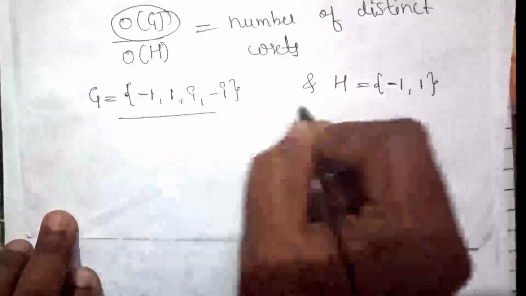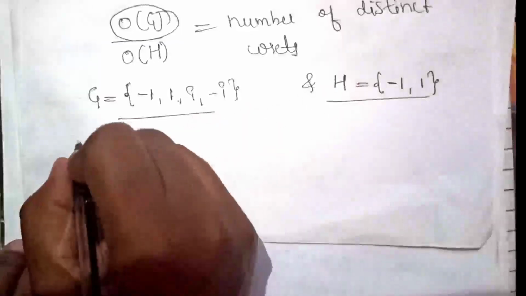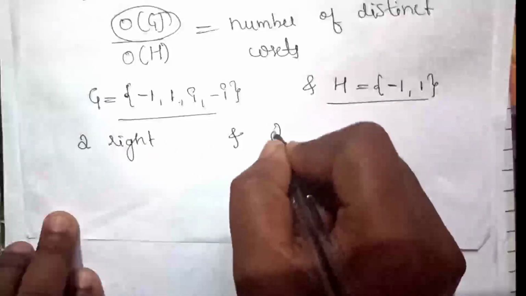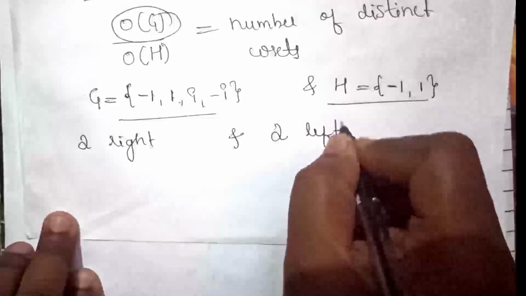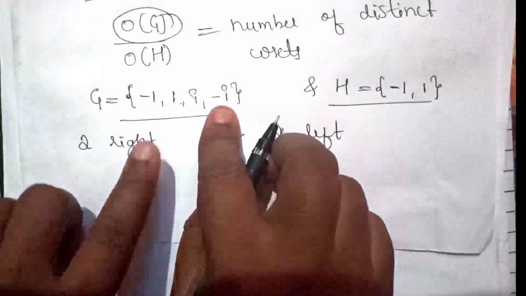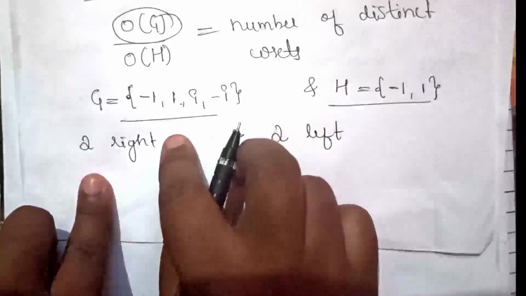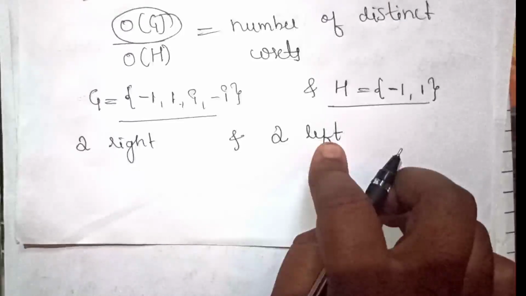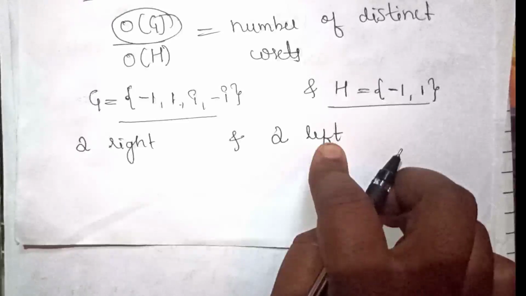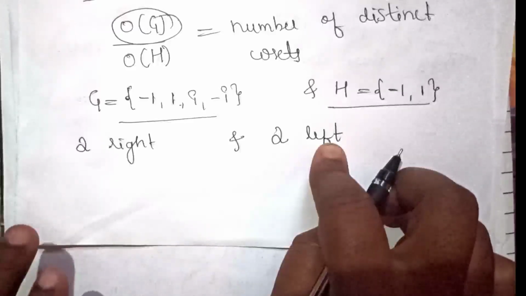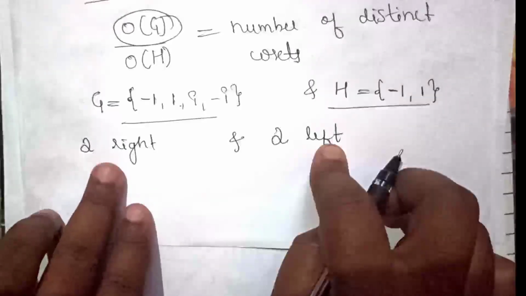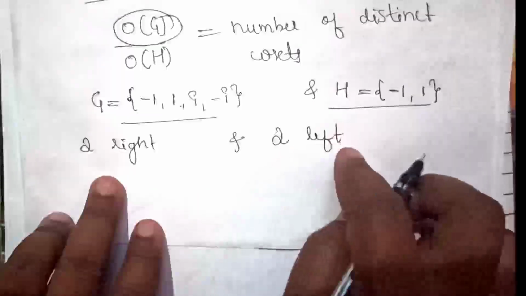There we got a total of 2 right cosets and 2 left cosets. Because it has 4 elements, we can form 4 right cosets and 4 left cosets, but only the different types of cosets are considered as the left cosets or right cosets. So there we got 4 cosets, but the different cosets are only 2 right cosets and 2 left cosets.